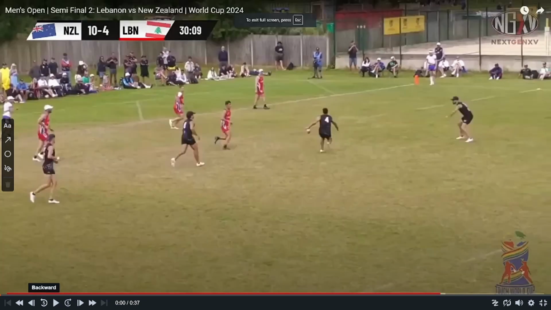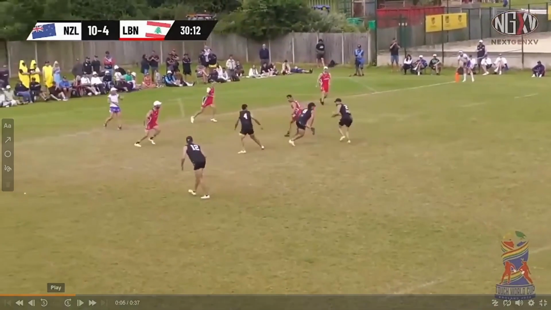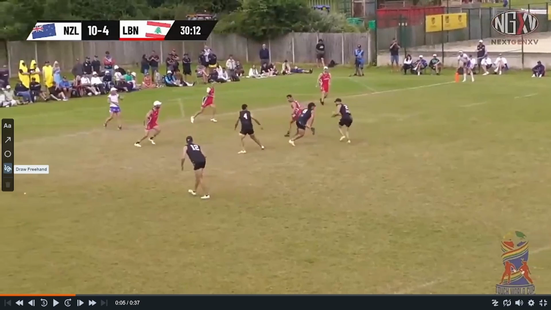So let's talk about this play because it's a little bit different, with the winger coming in a different channel. They run an ML play, which is the middle they're dumping for. This guy dumped the ball, so we have a middle with a link running like a rooster line, and the dummy half running around so he can attack that offside player.